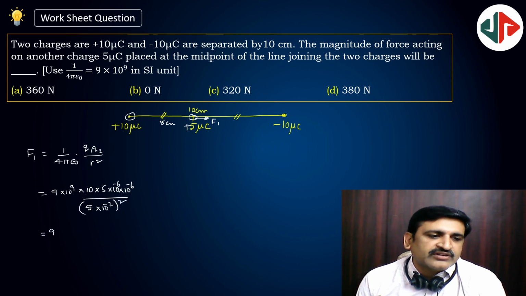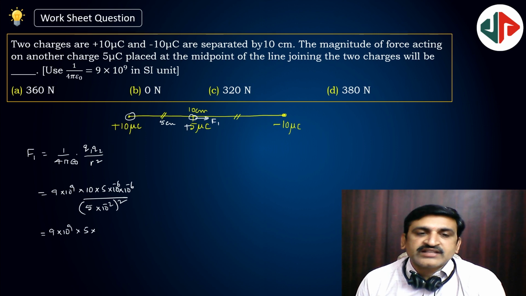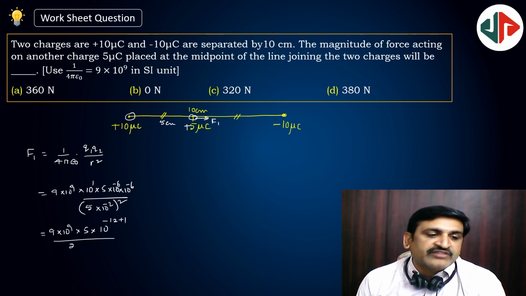Now that is equal to 9 into 10 to the power of 9 into 5 into 10 power minus 6, 10 power minus 6, 10 power minus 12, by 25 into 10 to the power of minus 4.